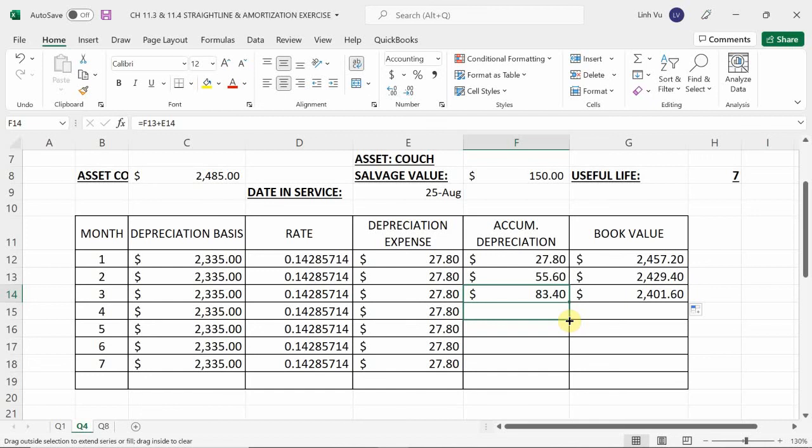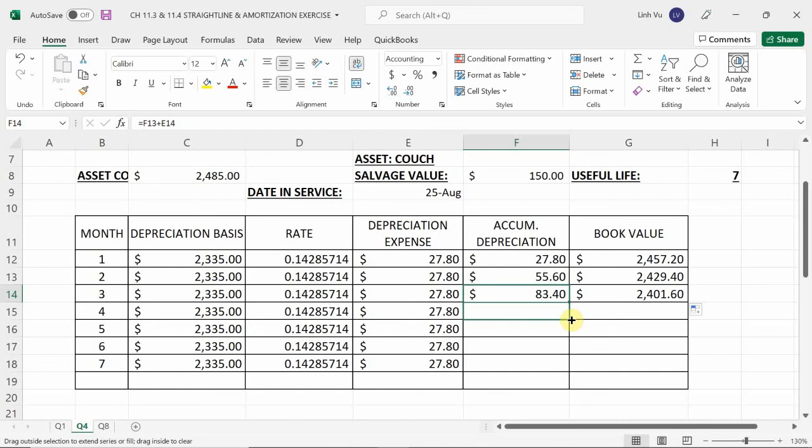8340, which is your previous year's accumulated depreciation, plus your current year's depreciation expense. What's your current depreciation expense? 27.80.